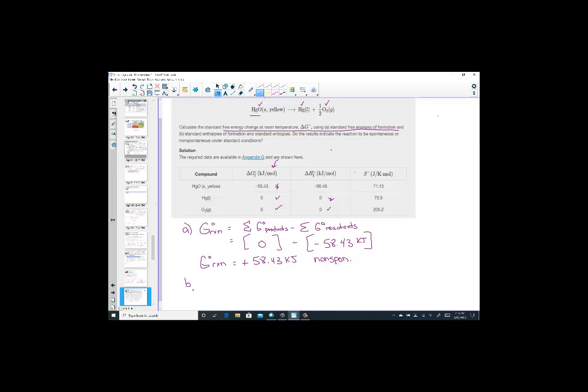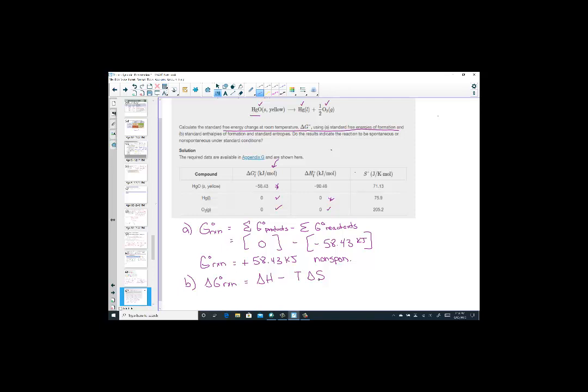We can also calculate delta G of this reaction by taking this equation, delta H minus T delta S. And let's actually solve it for this problem so we can compare the two answers, one taking the products minus reactants of Gibbs free energy, and one doing the same for the enthalpy and entropy.